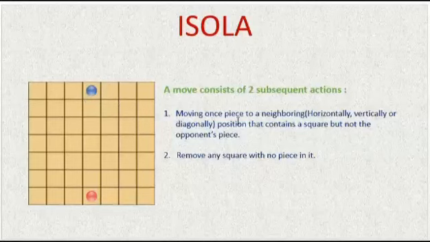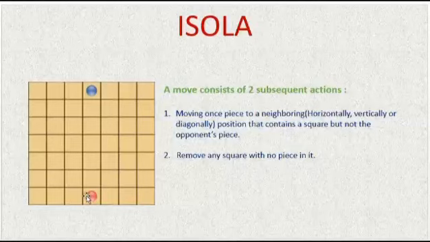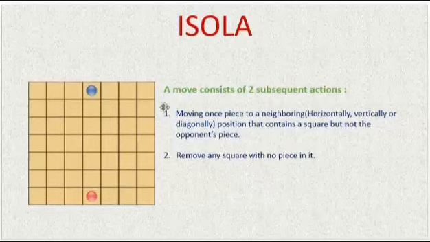While taking a move, each player has to take two actions: moving one's piece to a neighbor, either horizontally, vertically or even diagonally, and removing a square which has no piece in it, like he can remove any of the squares which has no piece in it.